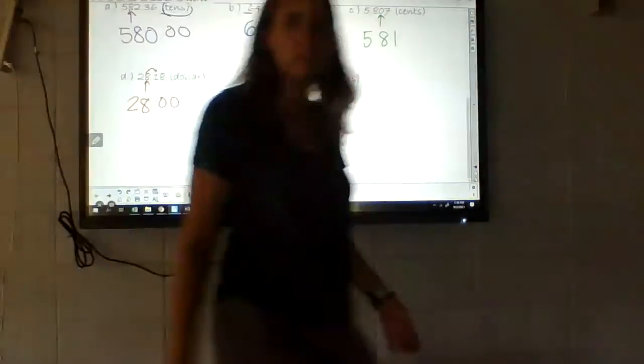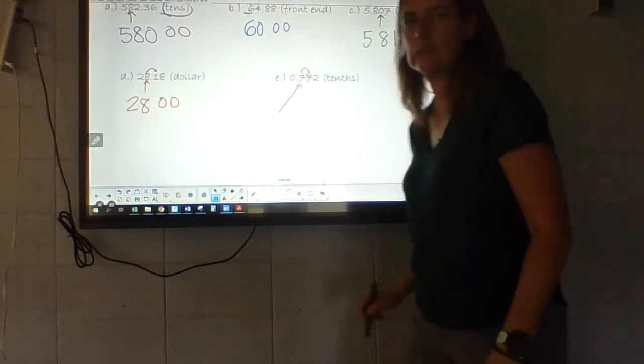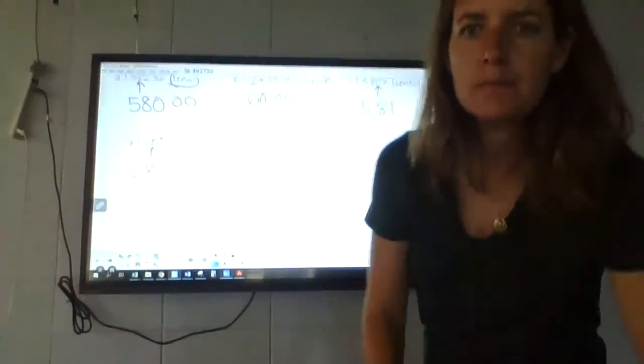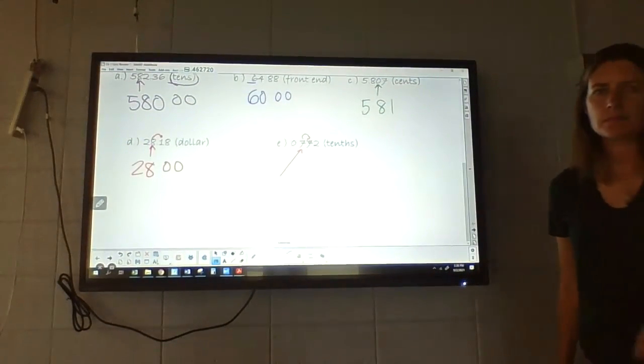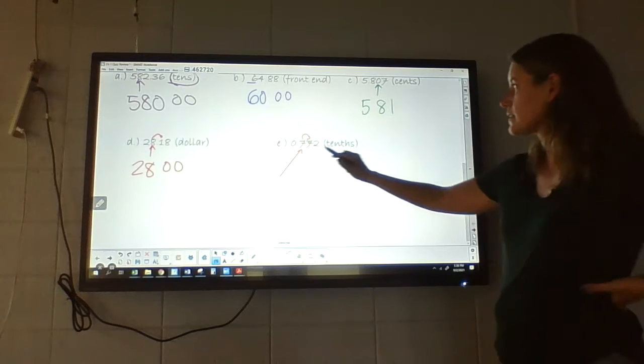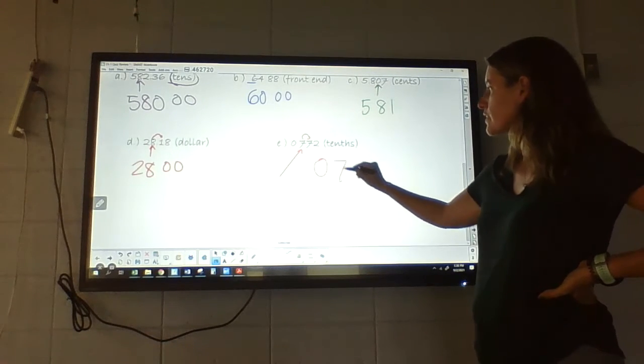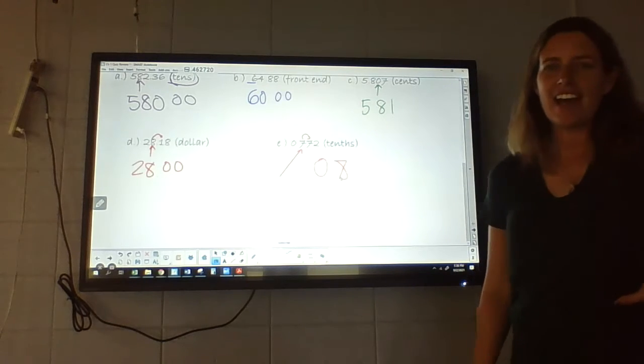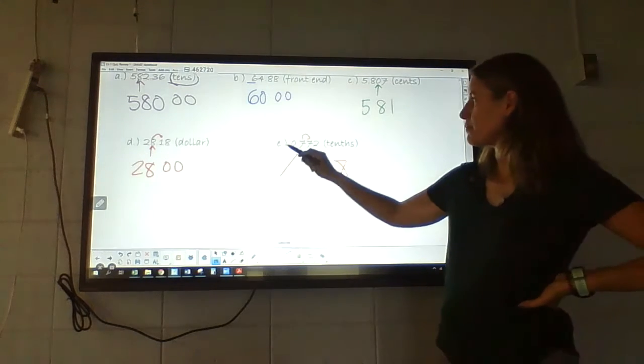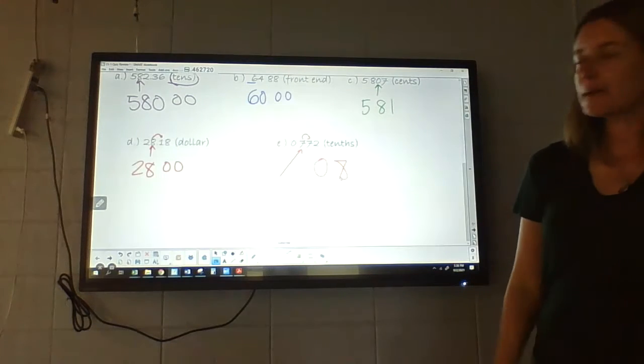Is that better? Better or worse? All right, so that's a 7 there, so it's going to be 0.7, oh sorry, 0.8, we'll make that an 8, because that 7 becomes an 8 because it rounds up.